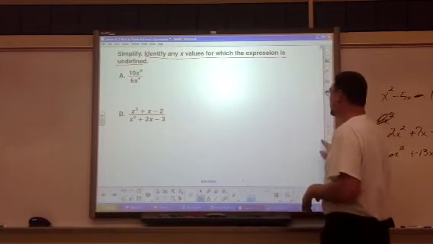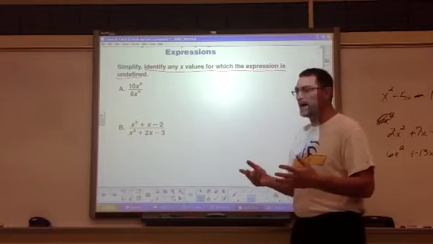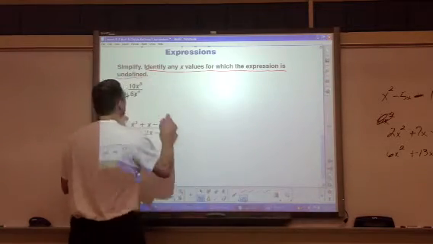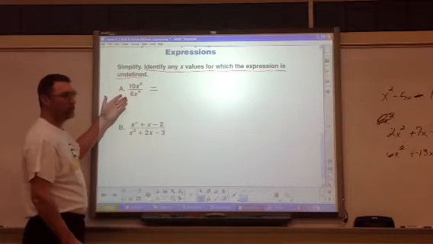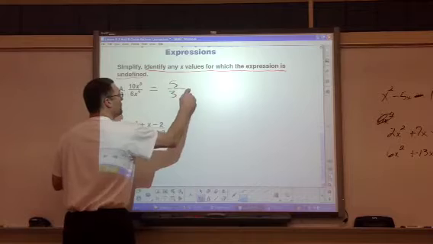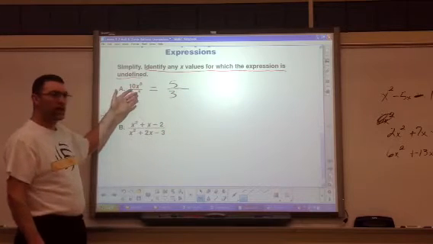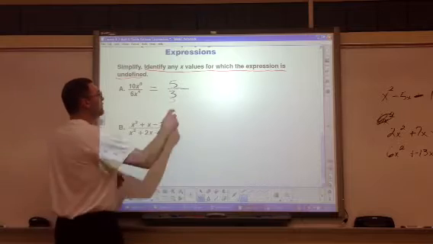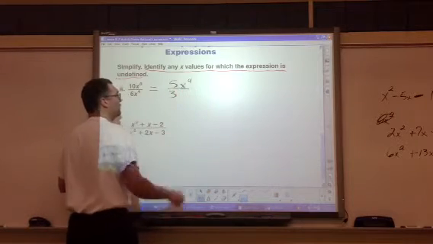So our first one here is one where we're just going to simplify the constants and the variables. So 10 over 6 is going to reduce to 5/3. And x to the 8th over x to the 4th, I can cancel or cross out 4 of the x's. So it gives me x to the 4th in the numerator.